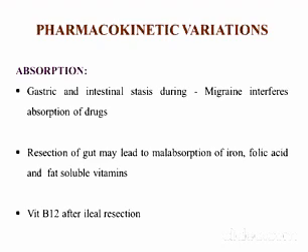Let us see what the pharmacokinetic variations are. How the pharmacokinetics of the drug are altered, or what pharmacokinetic variations we can see. Pharmacokinetics involves absorption, distribution, metabolism and elimination. So here, absorption. Gastric as well as intestinal stasis during migraine interferes with the absorption of the drug.